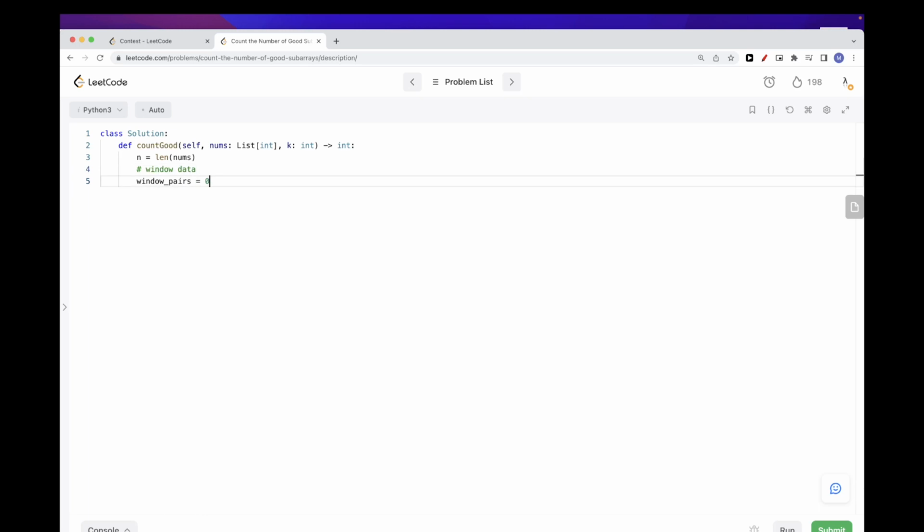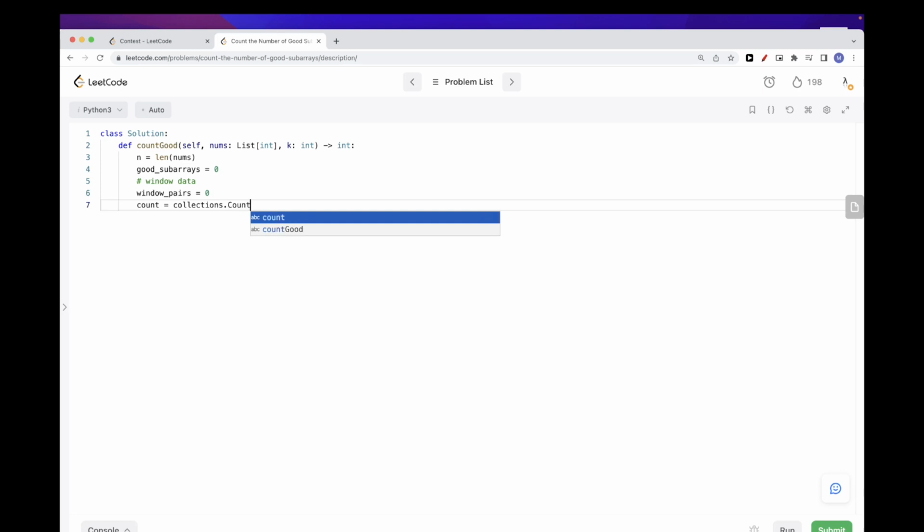And then we need the result that we are going to return, which is the count of good subarrays. And then we need the count for the occurrences. And for Python, we can just use Counter. Feel free to use a map. And then we need the positions themselves, so J. And that should be it.